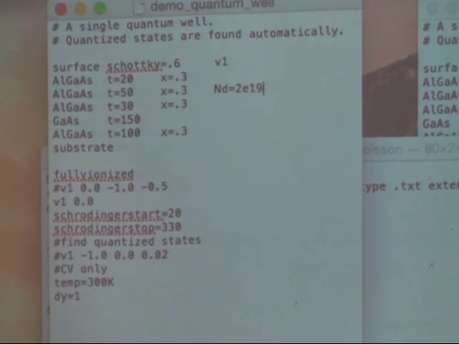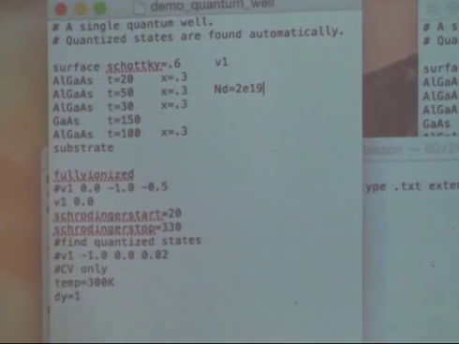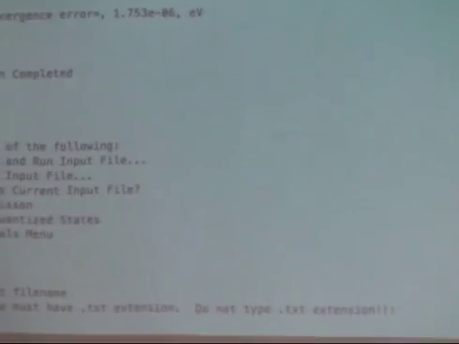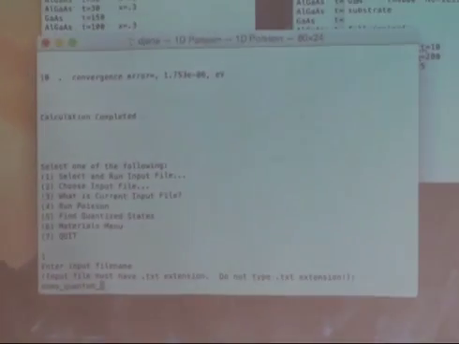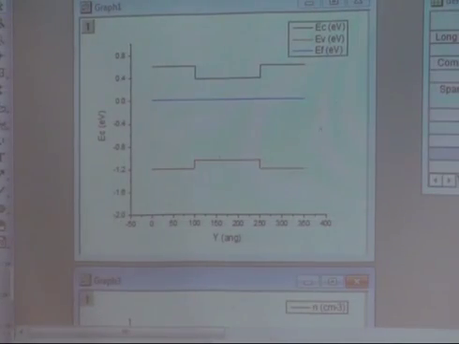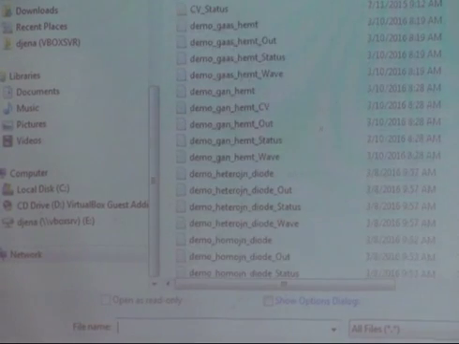What we're going to do now is run this code and see what that quantum well looks like. All right, that was fast. So let's bring in the data and see.